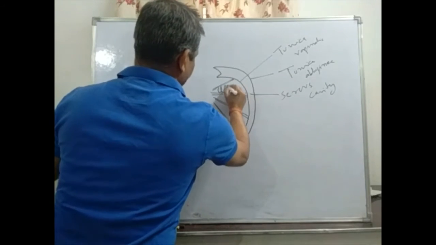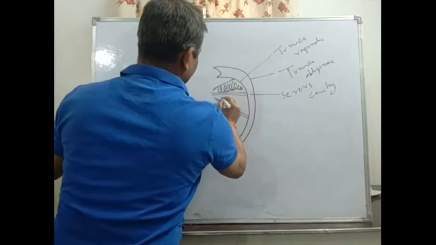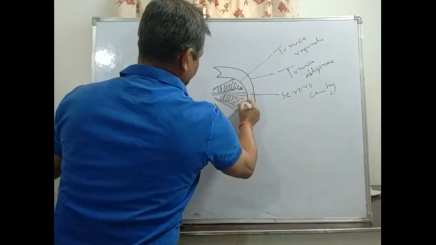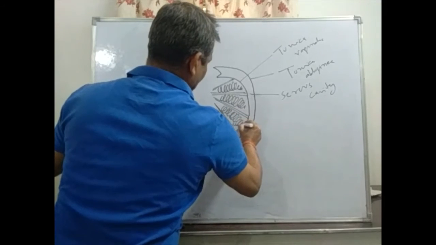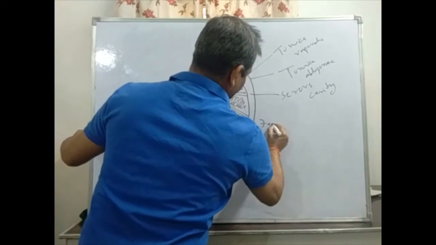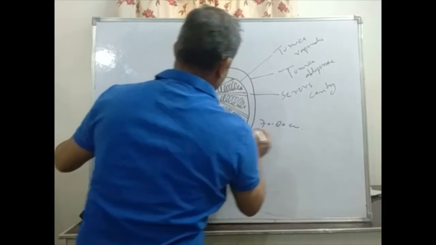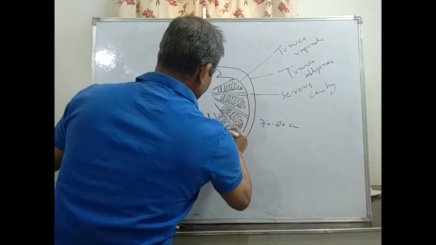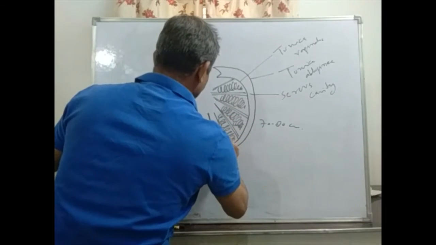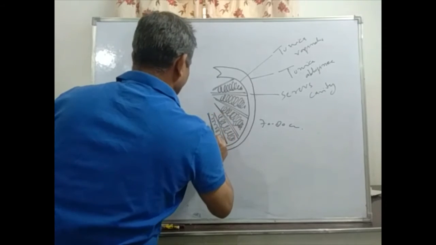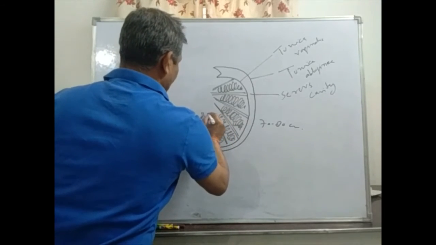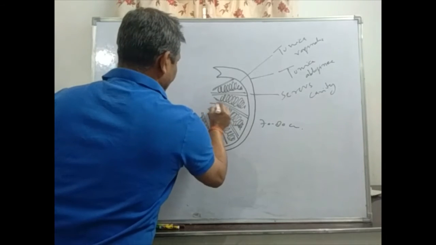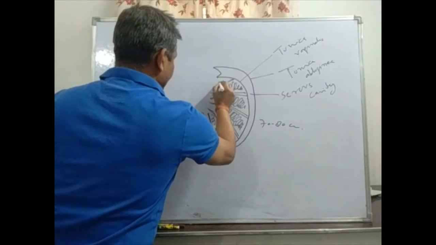And these are the seminiferous tubules. These are highly constricted structures. When we stretch a seminiferous tubule, it measures about 70 to 80 centimeters, and they are highly convoluted and constricted structures. These are all the seminiferous tubules. Okay, and they open and make the net-like structure here.